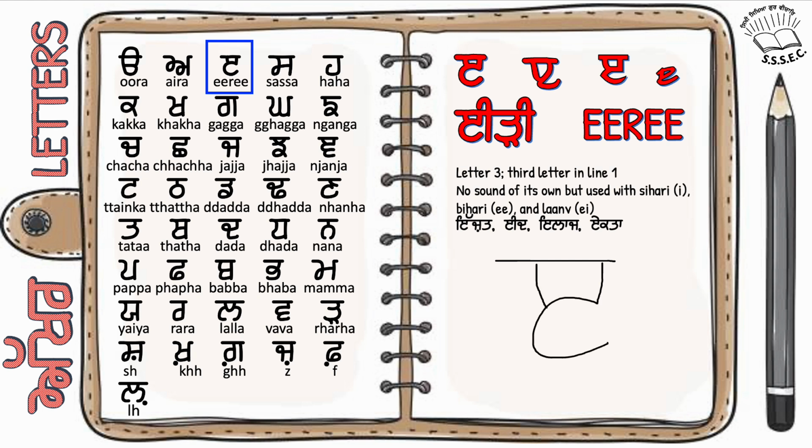You can see it looks a bit similar to other letters, and in one of the slides later on, we will also see if you want to learn the letters grouped together by shape, then we can do that as well. But ithe asi, ek ek karke, we'll learn the letters in order one by one. So, iri.